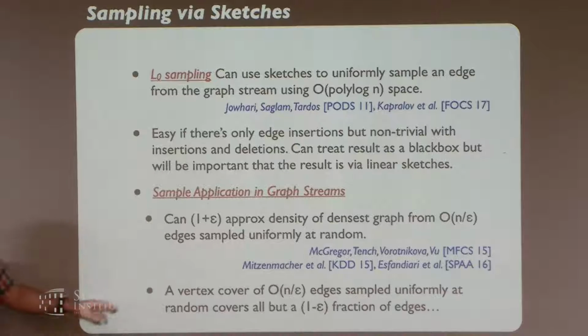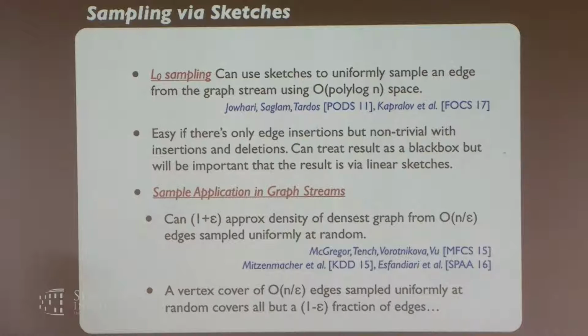Another application is that if you sample n over epsilon edges from a graph, and then compute a vertex cover of just those sampled edges, then that vertex cover will cover all but an epsilon fraction of edges in the initial graph.